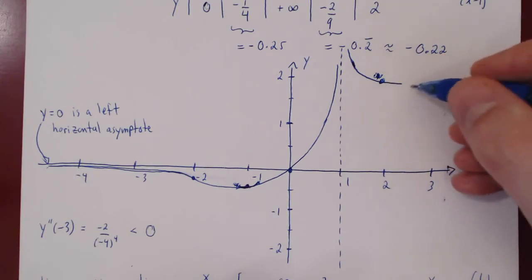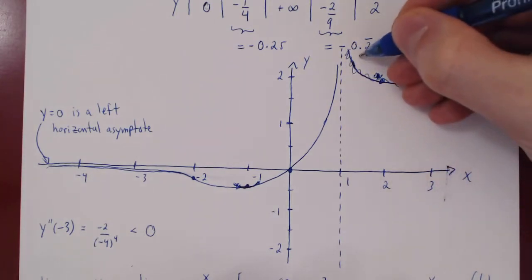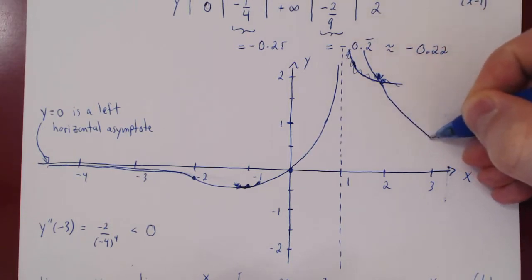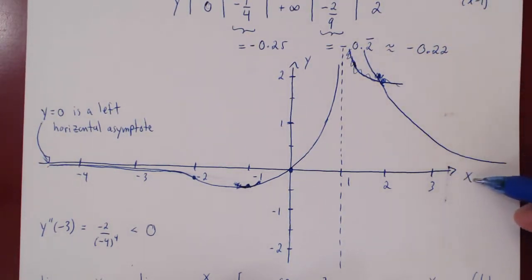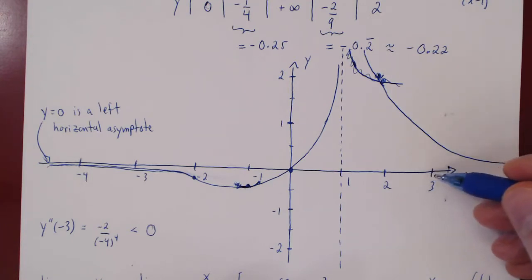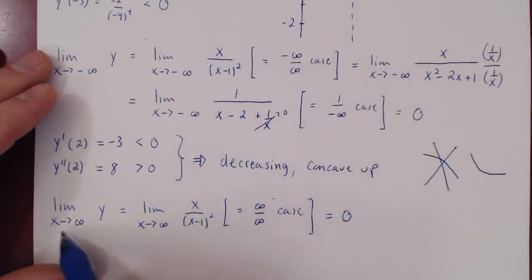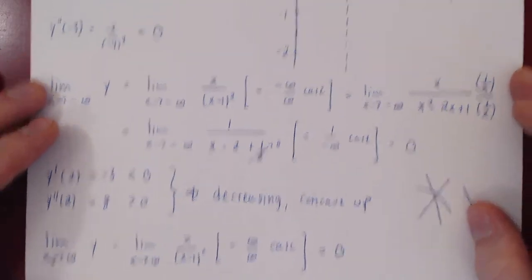So I'm a little too high here, but if I would correct my curve, it would look maybe something like this. Concave up, decreasing, and in the limit, y will be approaching the x-axis because this is the y value equals 0. And we know that as x approaches positive infinity, y will be approaching 0.